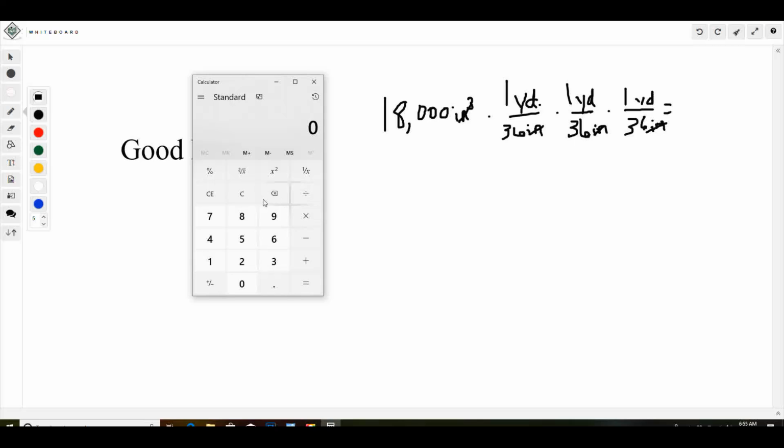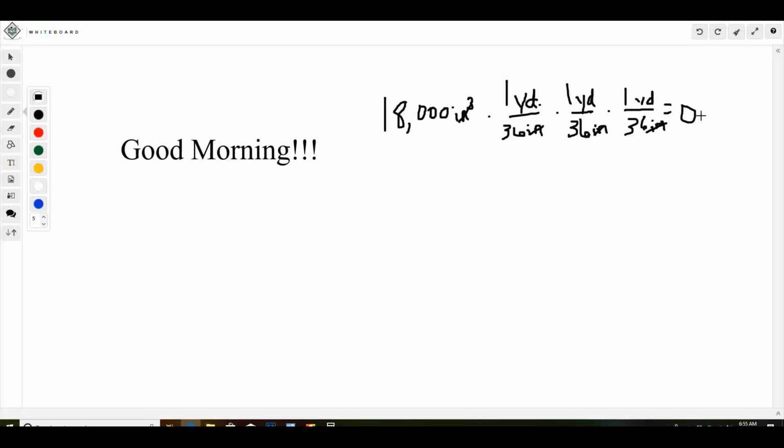Yeah, because it's over. Because see, we marked out the ones on the bottom. That's what we get. And then we have to round. The 5 rounds that, so it would be 0.39 cubic yards.